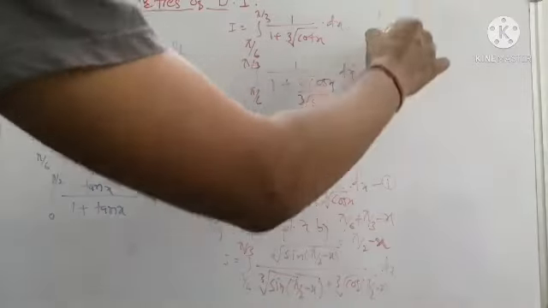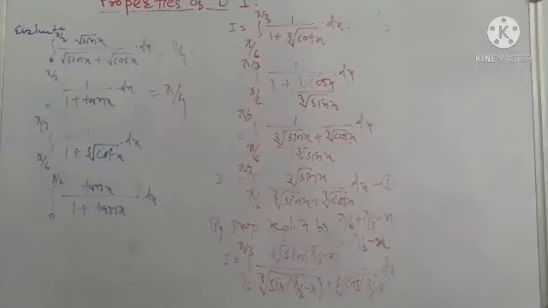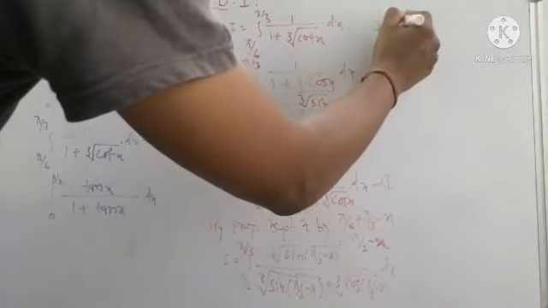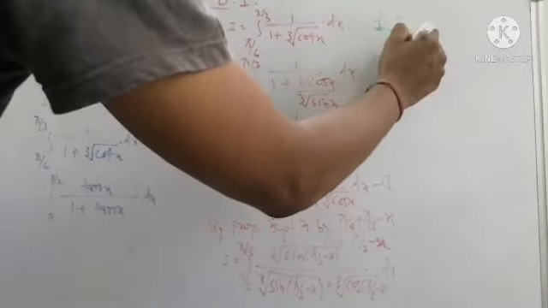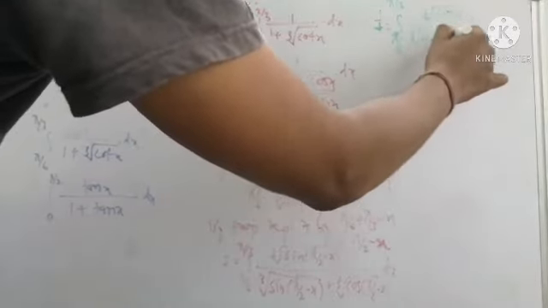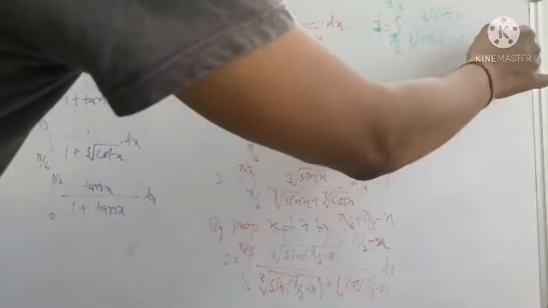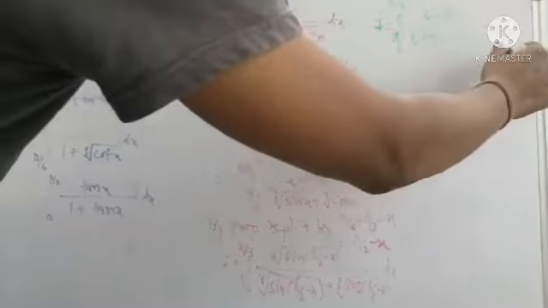Now again by using formulas of allied angle, we get I equal to integration from pi by 6 to pi by 3, in the numerator sin of pi by 2 minus x is cos of x, so we get cube root of cos x. In the denominator also, in the first term we get cube root of cos of x, and in the second term cube root of cos pi by 2 minus x is sin of x, into dx. Put this as number 2.